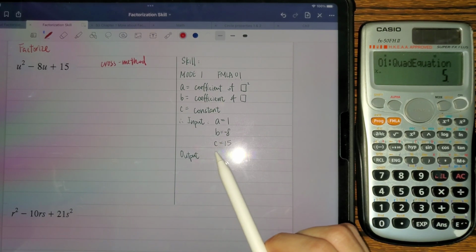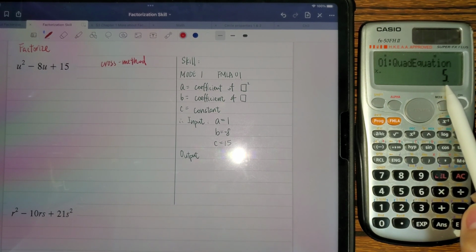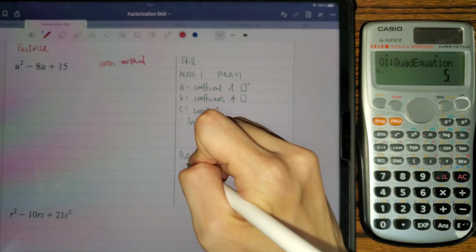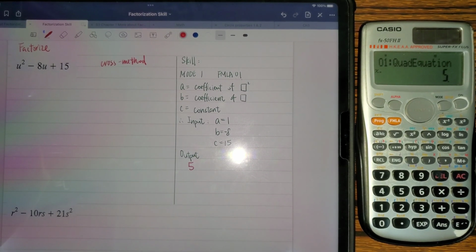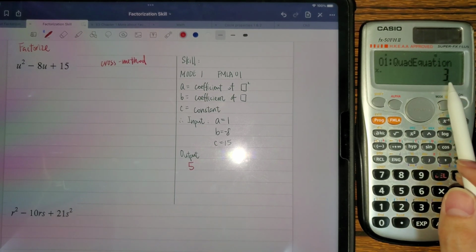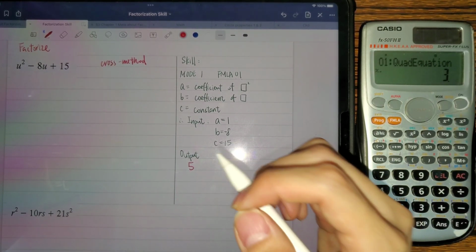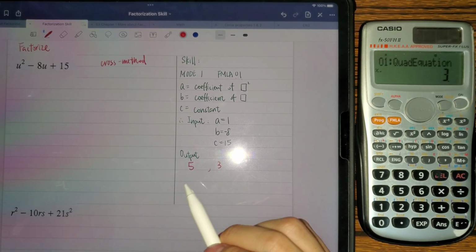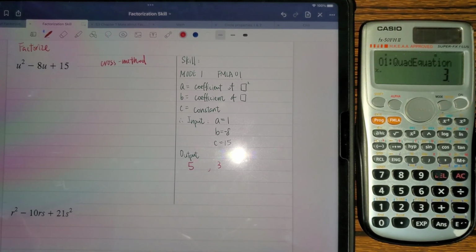So you get two outputs. Number one, the calculator shows you 5, so you mark down 5. Then you press exe again, and you get 3 here. So mark these two down. But does it mean that 5 and 3 directly are your answer? It's definitely no. According to the lesson, you have to think backward, the reverse cases.